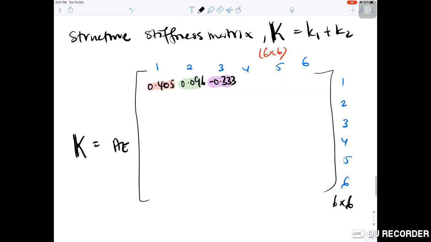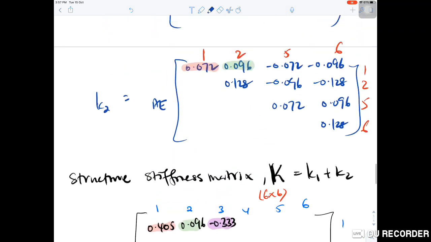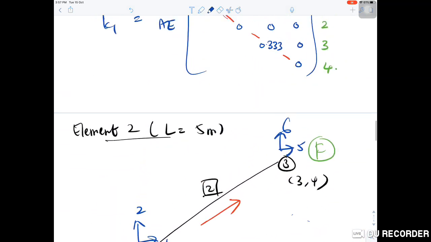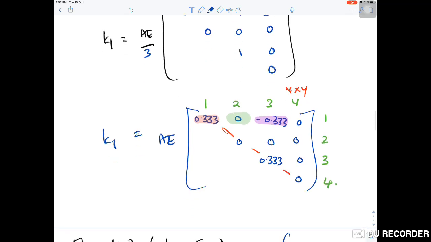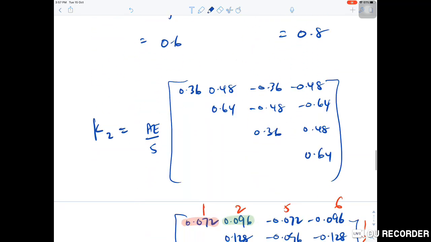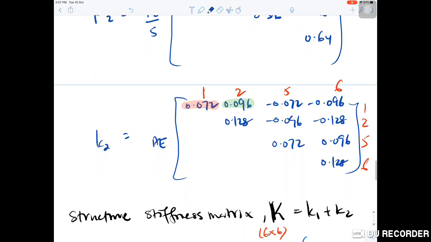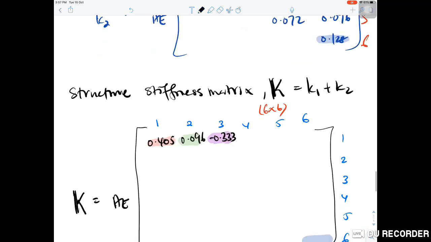We will do the same until we find the value of 6, 6. Let's say we want to determine the 6, 6 value. We find no 6, 6 in K1. We find 6, 6 in K2, which is 0.128.